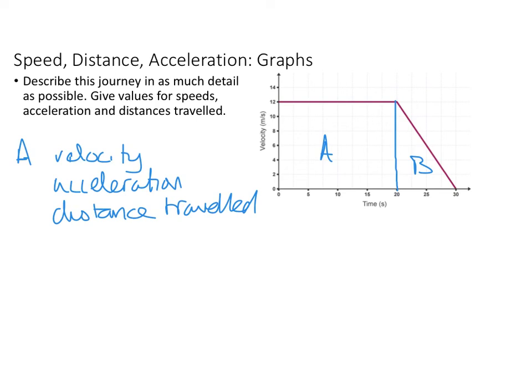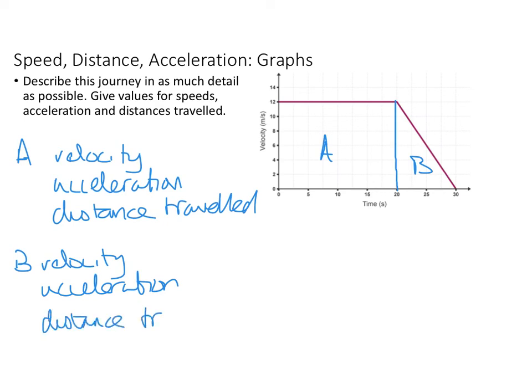Again for section B, we want to do the velocity, acceleration, and distance travelled. When we talk about the acceleration, we should really talk about the time bracket.